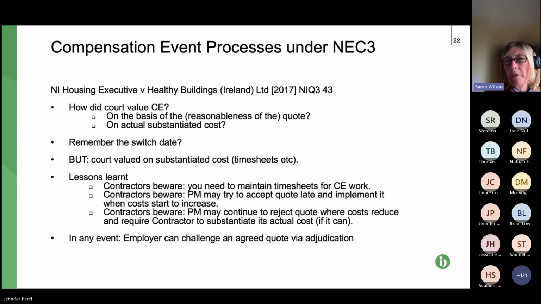A little bit disappointing because, of course, it flies totally in the face of NEC and creates a problem in that we've spent a whole hour talking about a process of providing a quote.